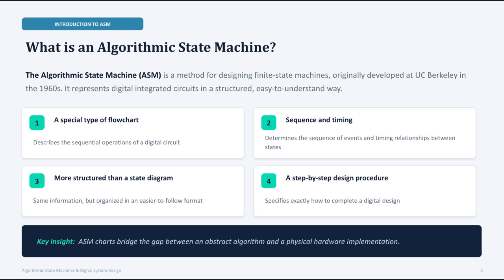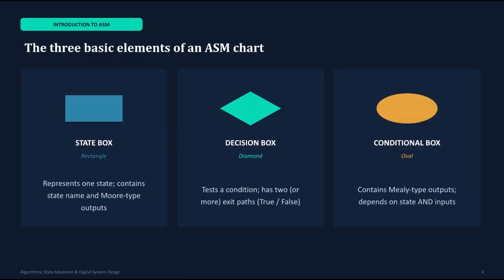To read and draw ASM charts, you need to know the vocabulary, the three shapes that make up every chart. Every ASM chart is built from exactly three shapes. The state box is a rectangle. It represents one state and contains Moore type outputs, meaning outputs that depend only on being in that state. The decision box is a diamond.